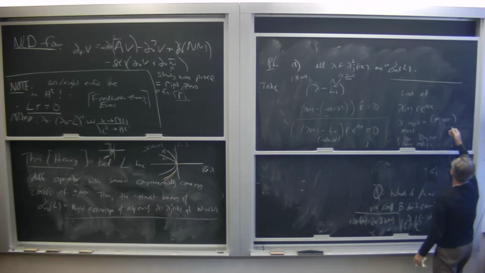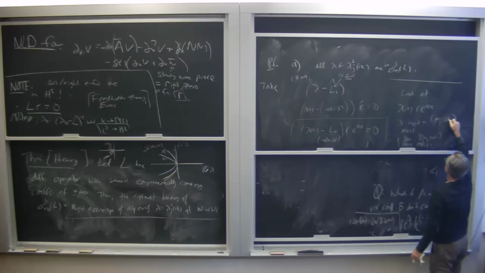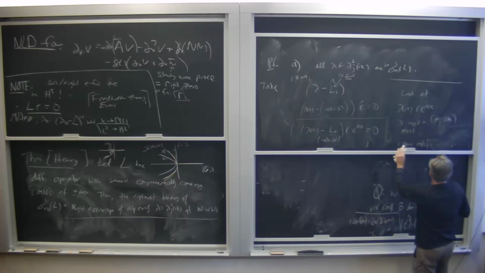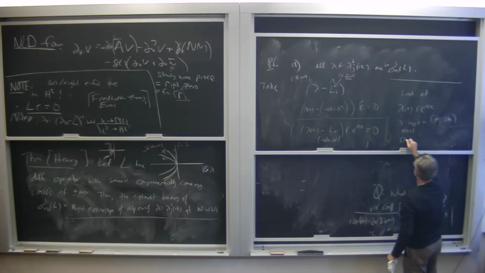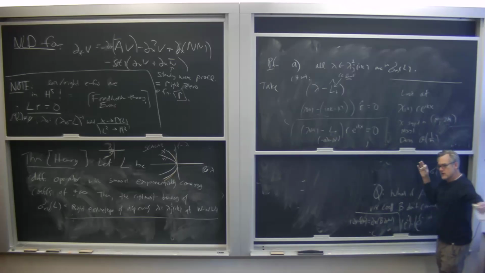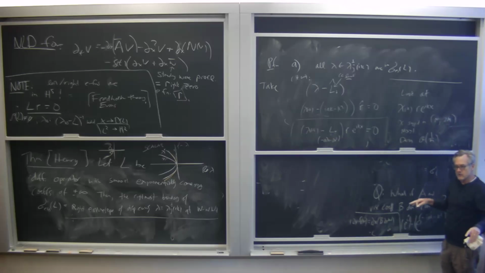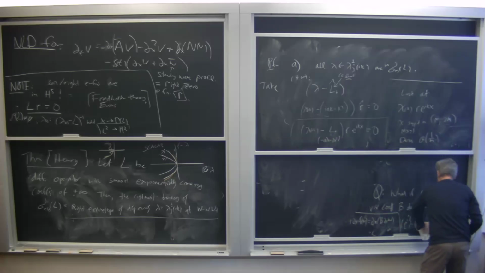No, on m to 2m, sorry. Yeah, this is what I want. It's just supported, and all the derivatives are of order 1 over m. I just need to stretch it out enough that the derivatives can be small. That's all I need, because now see what happens.